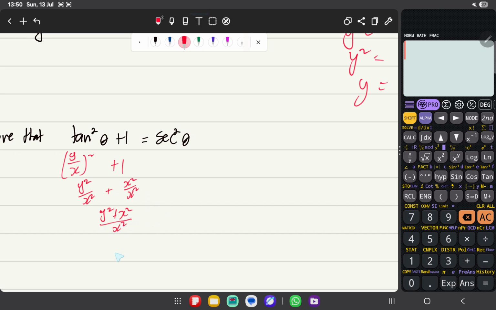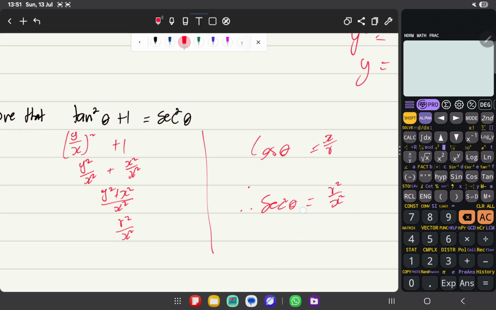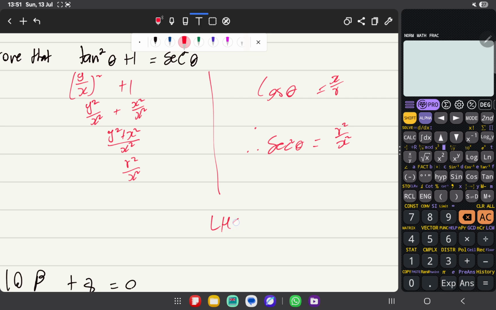And then I continue this over here, it gives me r squared over x squared. So I will end it here. But now remember, cos theta equals x over r, and therefore sec theta will be r over x. And if we square it, then we'll have r squared and x squared, proving that the left hand side equals the right hand side.